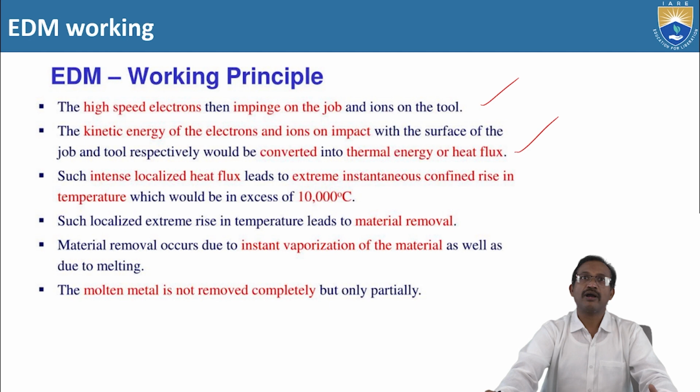Such intense localized heat flux leads to extreme instantaneous confined rise in temperature, which would be in excess of 10,000 degrees centigrade. At this 10,000 degrees centigrade, any metal can melt and vaporization will occur so that the material removal will take place.